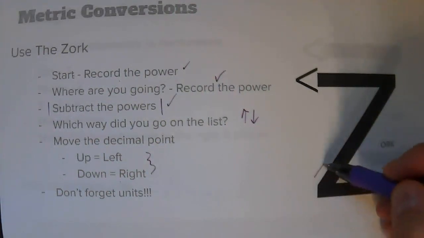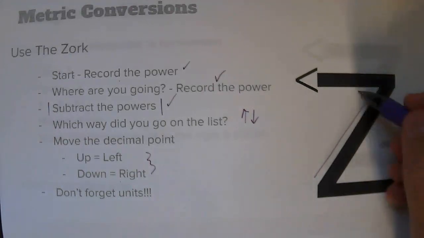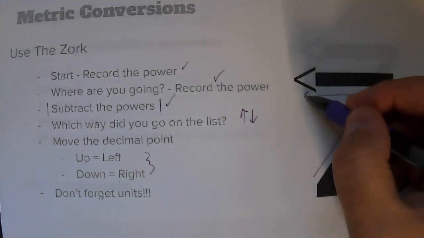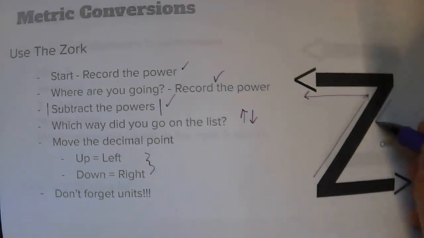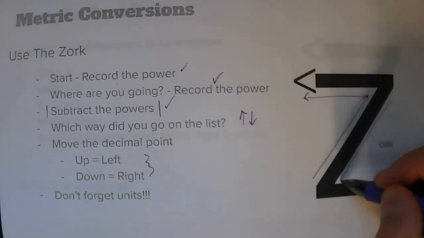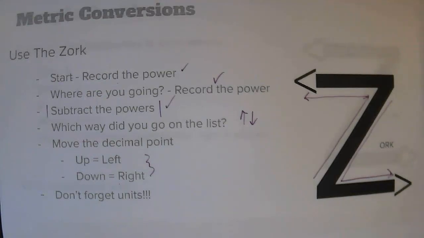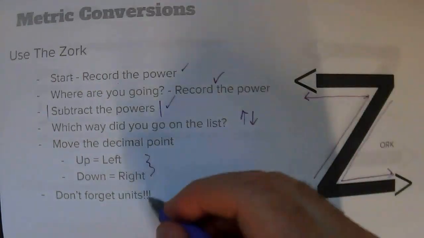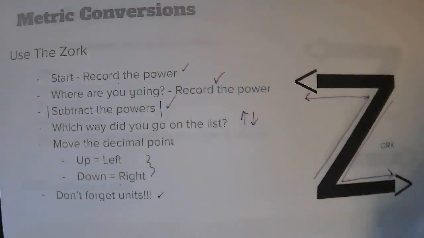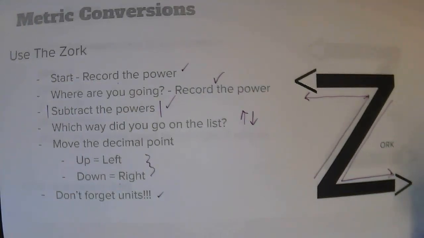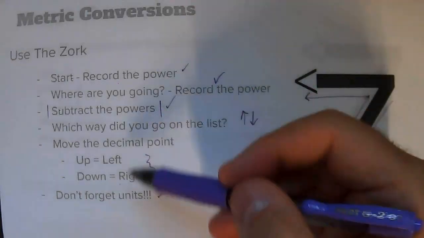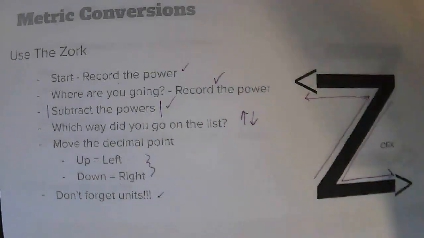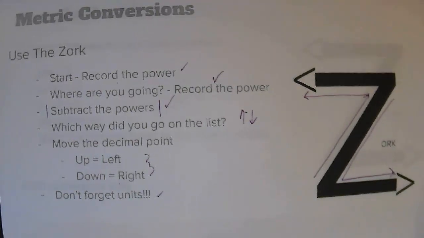If you go up on the list, you move the decimal point to the left. If you go down on the list, you move the decimal point to the right. Then you finish off by making sure you have the correct units. I know this probably doesn't mean much right now, but you should write down these steps, and then we're going to take a look at how the Zork works in real life.